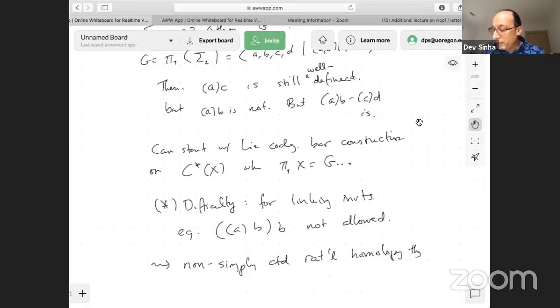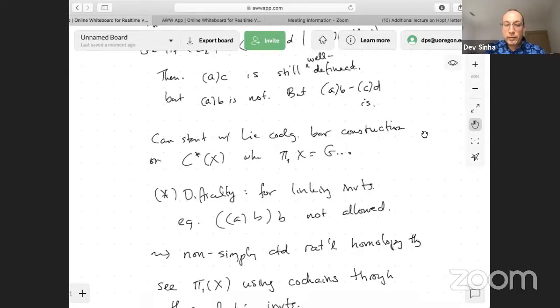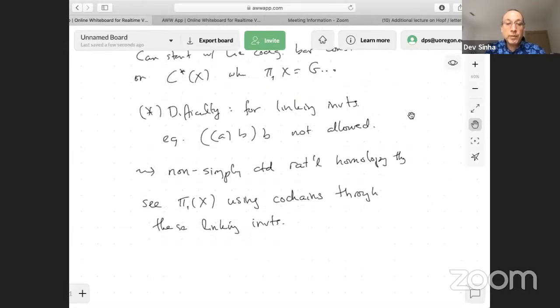And the idea is, and you would expect in general, at least if you're going to take the Quillen model and the Sullivan model, that you would really see the fundamental group using cochains through these linking invariants. So in a sense, we're offering a question: how can cochains see pi1?